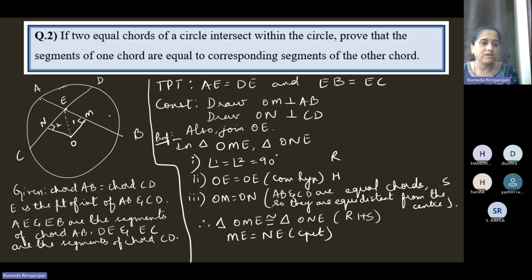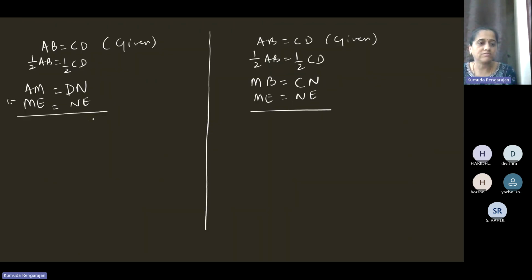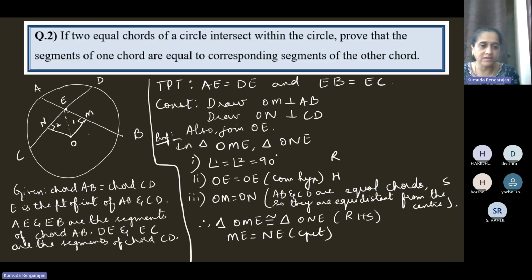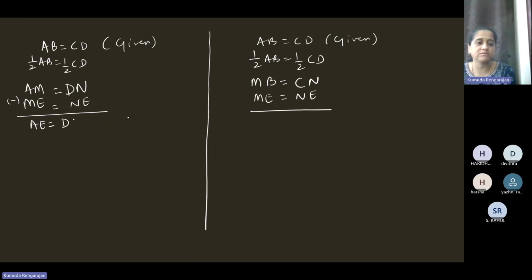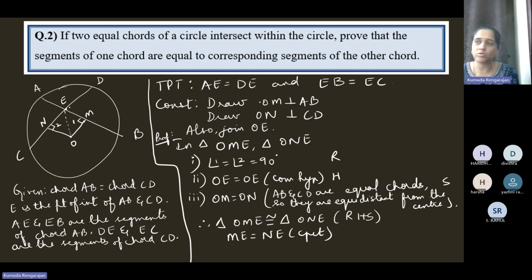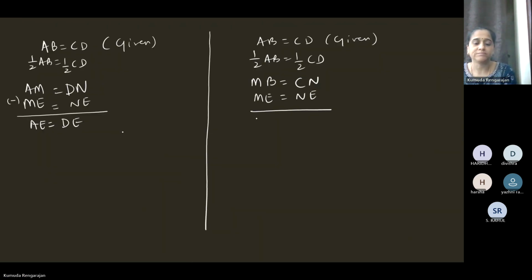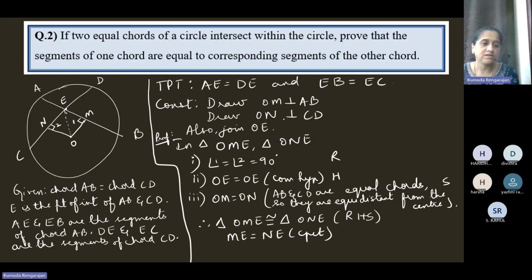AM minus ME is AE, equals DN minus NE, which is DE. But for MB and ME, you cannot subtract, so you put them together and write EB equals CN and NE, which is CE.